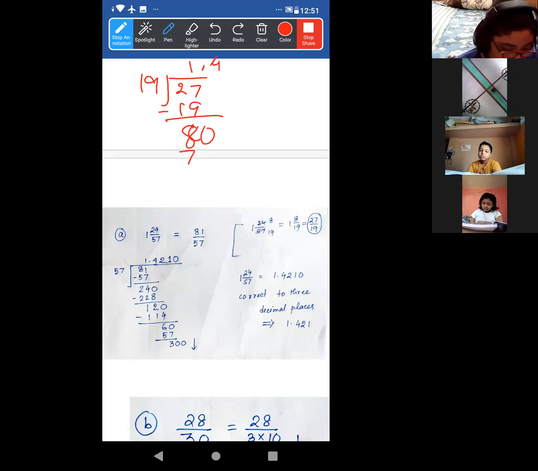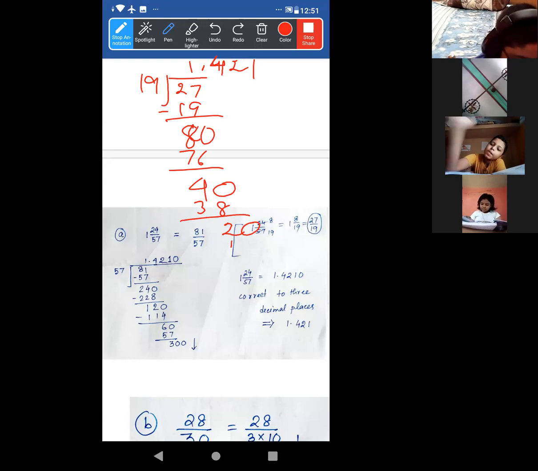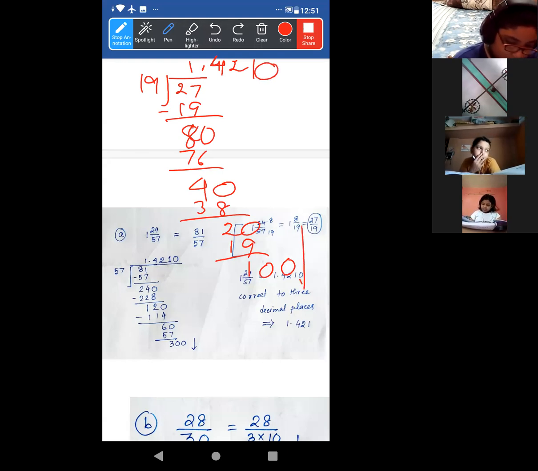This is 4, not 9. Just do it fast. As it is, 1 by using one decimal and 1 by using this 0. No need to continue here. Just stop over there.